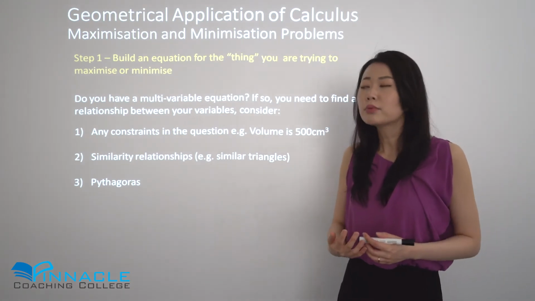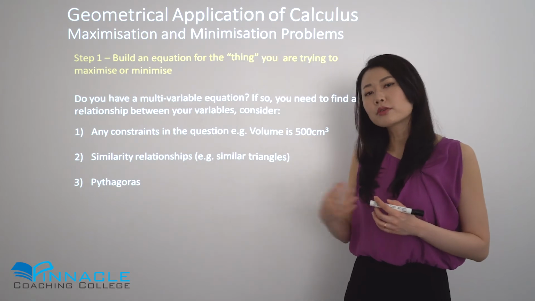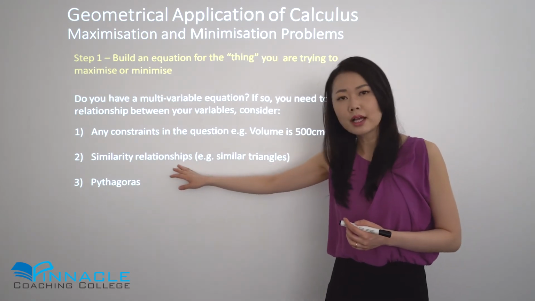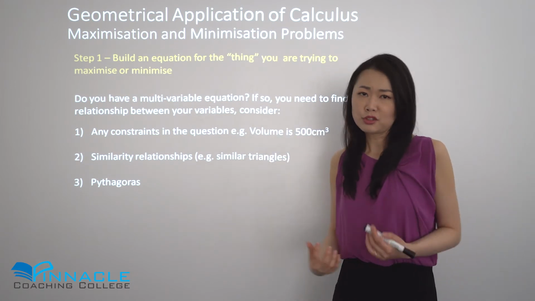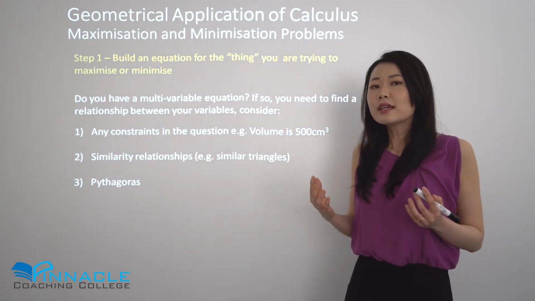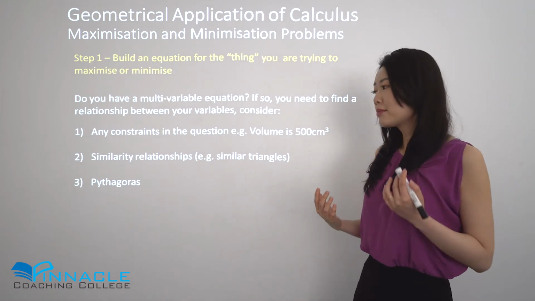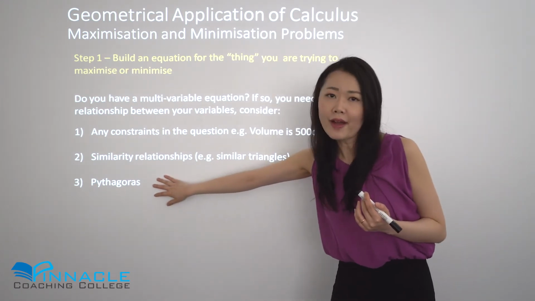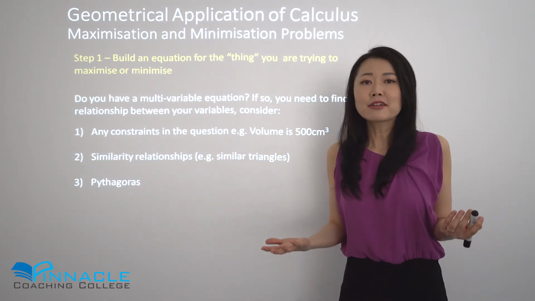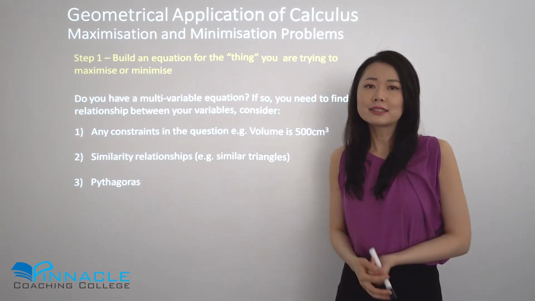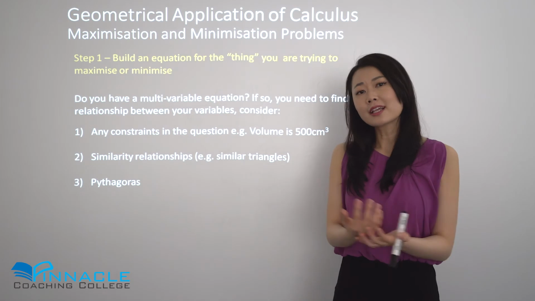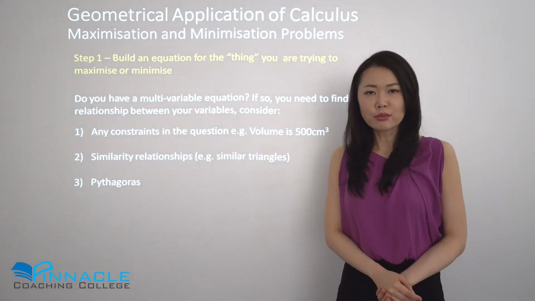Another common example where you can find a relationship between your variables is similarity relationships, which often come in the form of similar triangles. And finally, something that's often forgotten by most students is the good old Pythagoras. If you see right angle triangles, try Pythagoras. See if you can link your sides together and hopefully create an expression you can use to link your variables together.